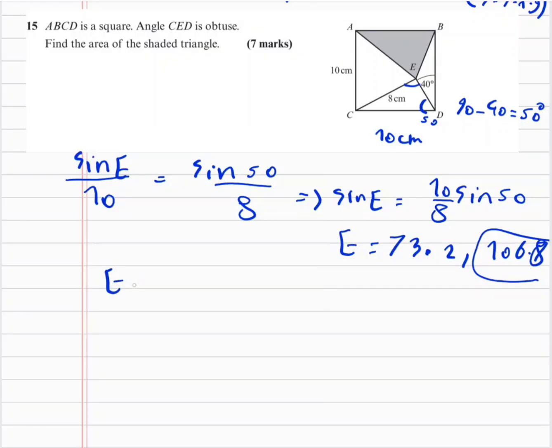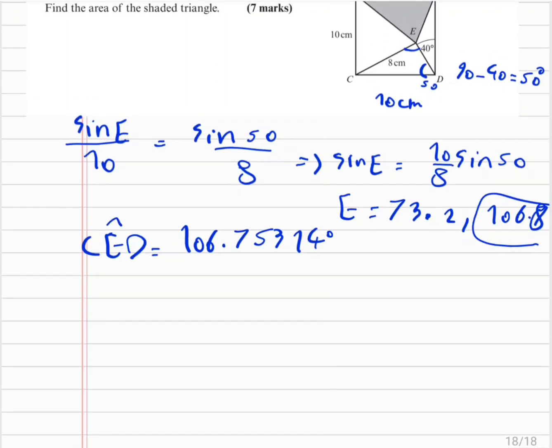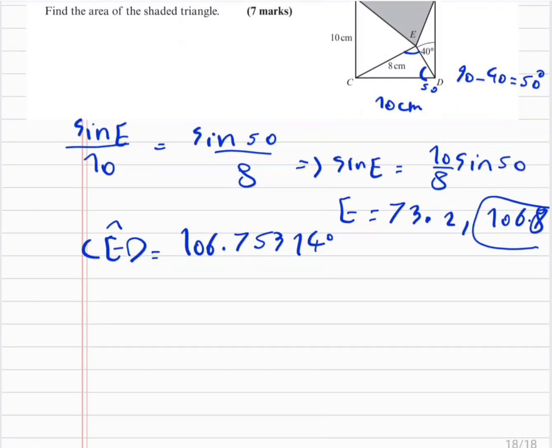Now that we have the angle E, the more accurate version without rounding is 106.75314. So that's the size of angle CED.